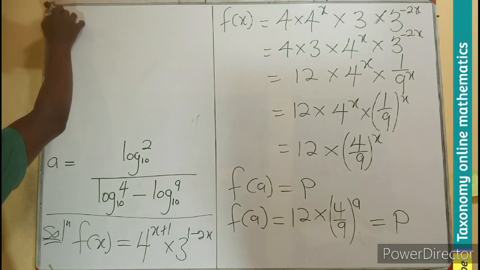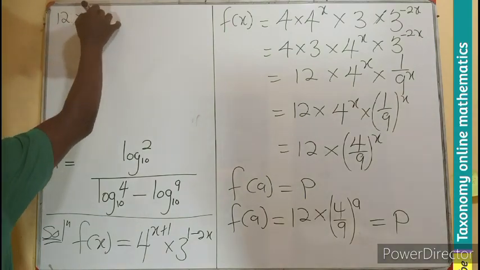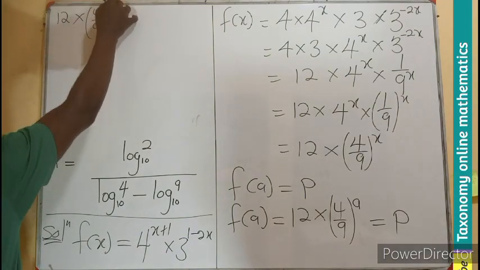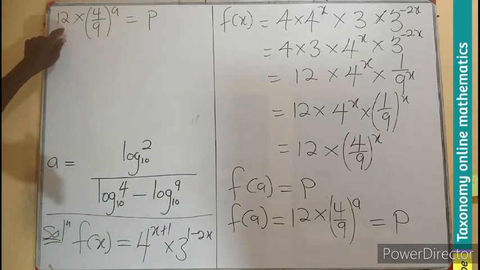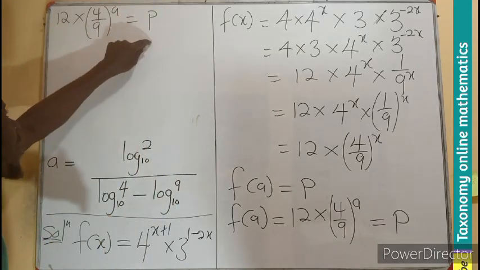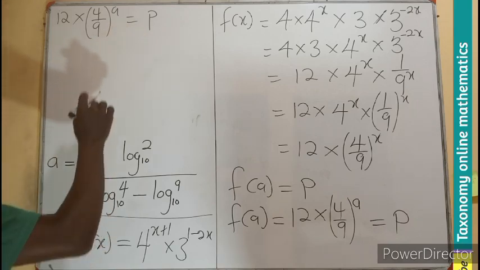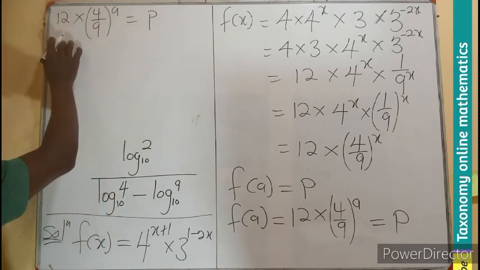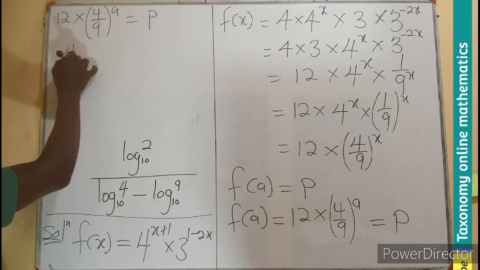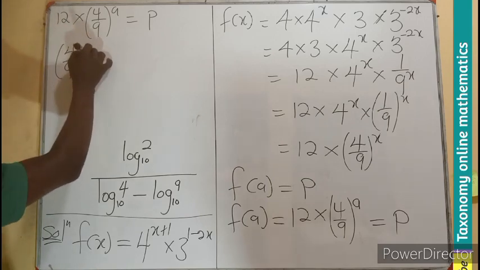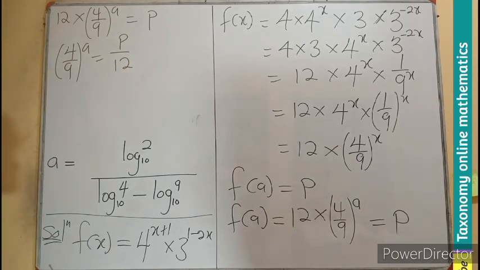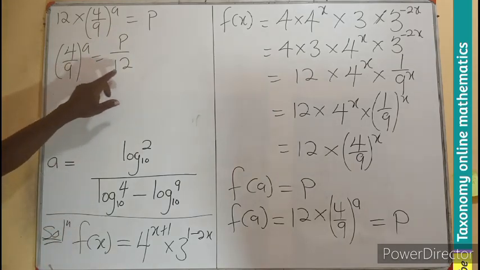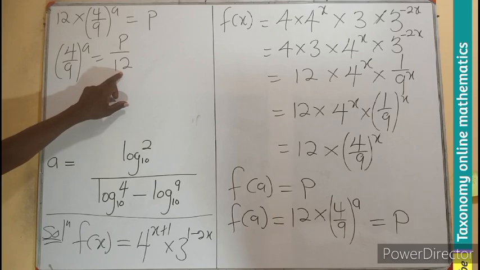So now we have 12 times 4 on 9 to the power a equals p. Let's eliminate the 12 by dividing both sides by 12. That is going to give us 4 on 9 exponent a equals p divided by 12. So now we have p and we have a, so what do we do?